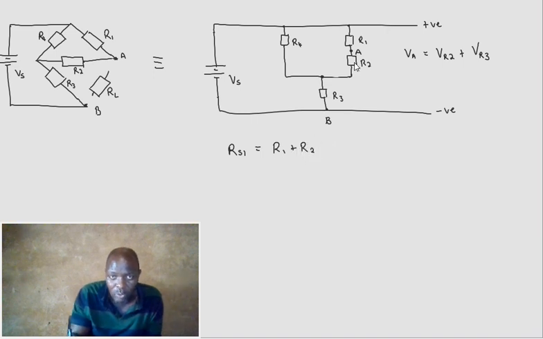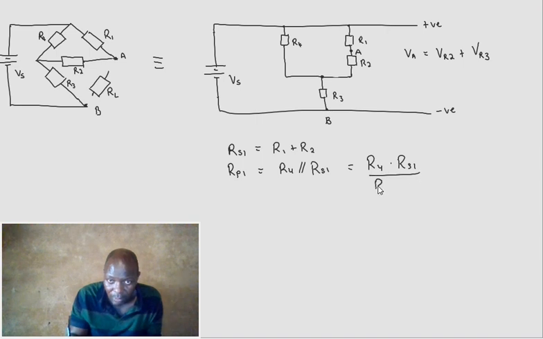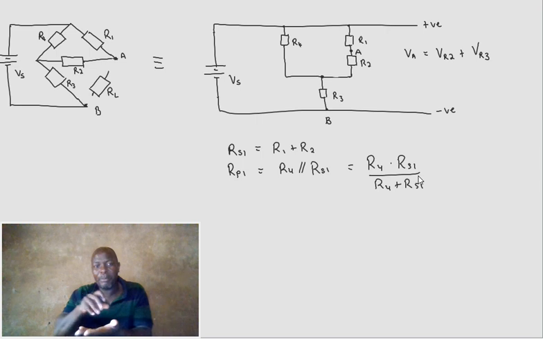Once we've got R series 1, it is parallel to R4, so we can have R parallel 1 equal to R4 parallel to these two, which are R series 1. That gives us R4 times R series 1 over R4 plus R series 1, with values on your calculator.